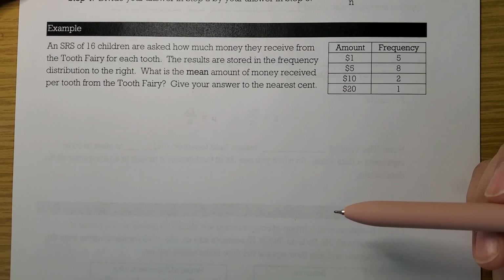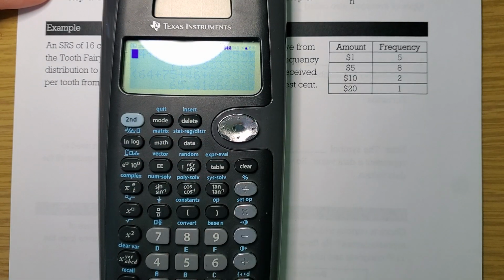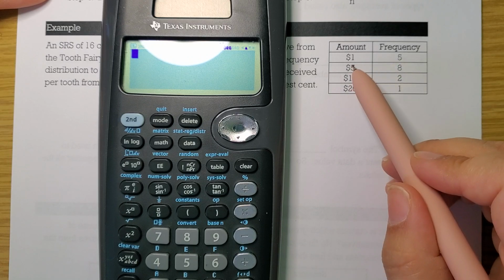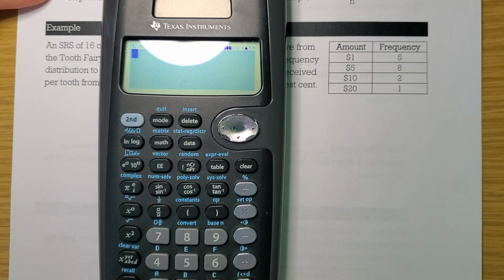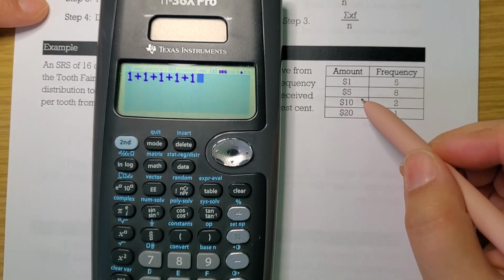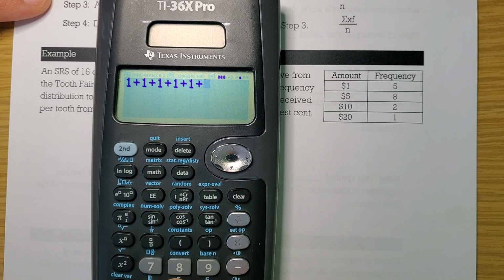Now, there are a couple of ways to approach this. One way would be to sort of brute force it. I'm going to show you what that looks like, although ultimately this is not a technique that I would generally recommend. We said 5 kids had $1, so I'm going to add 5 ones. 1, 2, 3, 4, 5. 8 kids had $5, so I'm going to add together 8 copies of 5. 1, 2, 3, 4, 5, 6, 7, 8.